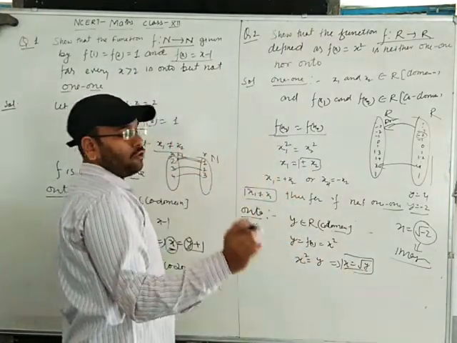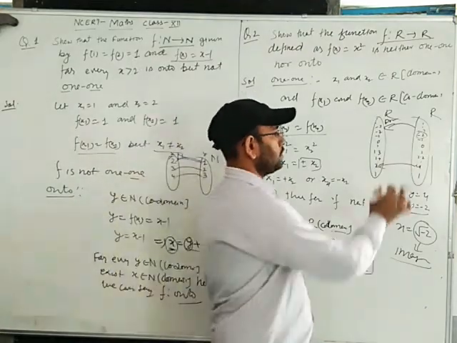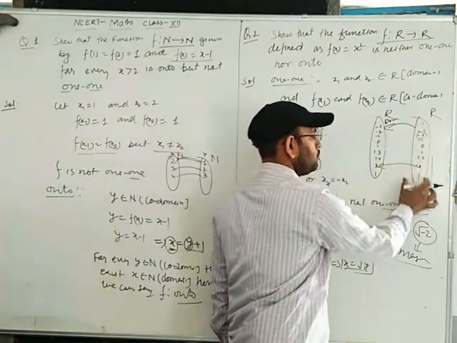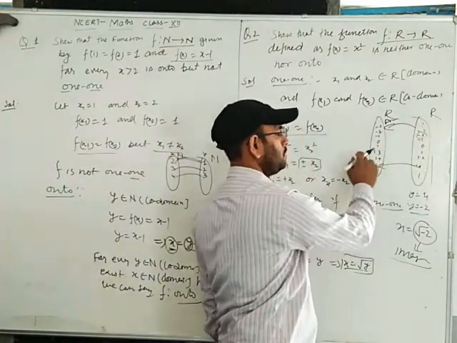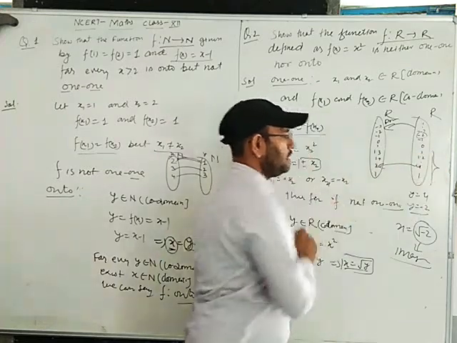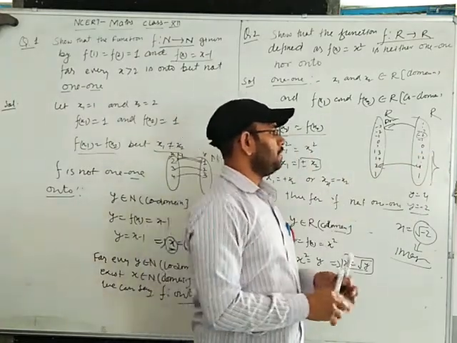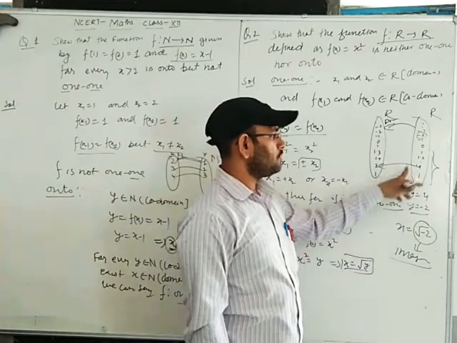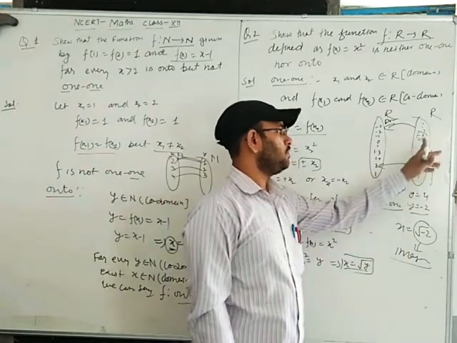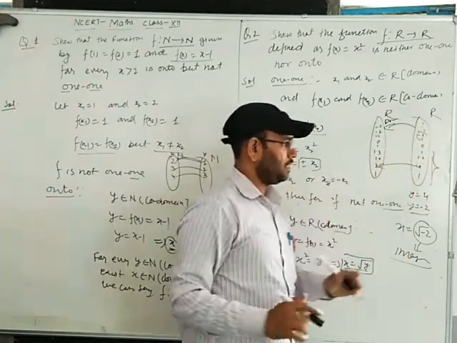According to the definition of onto, every element of set B must have a pre-image. So in this case we see that there is a pre-image for only positive real numbers, no pre-image for negative real numbers.